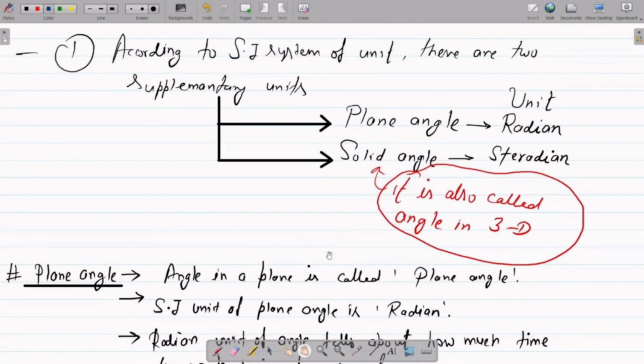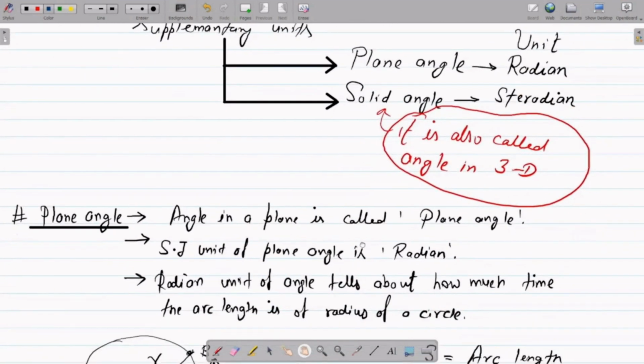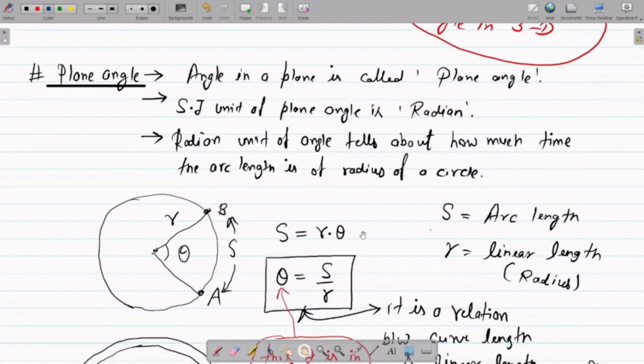So first let me discuss the concept of plane angle, and we are all familiar with this concept. Now suppose this is a circle, and A and B are 2 points on the circumference of this circle, having arc length S. If R is the radius, then theta is the angle, right?